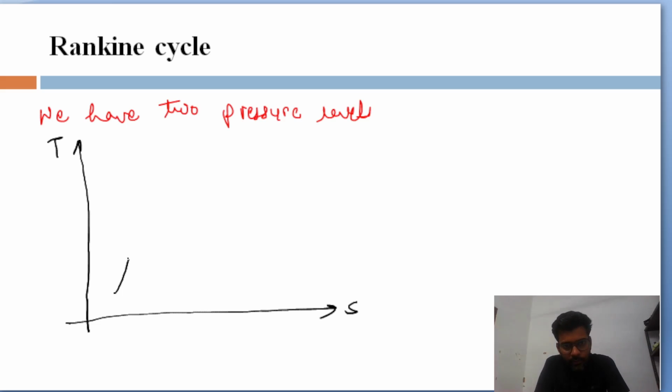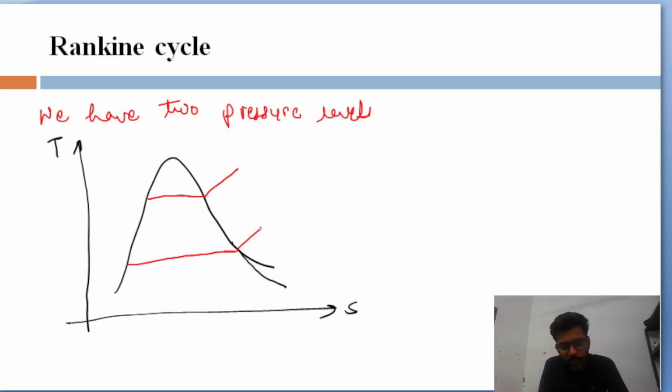So there is a vapor dome and the pressure levels. So this is the constant pressure line on the TS diagram.